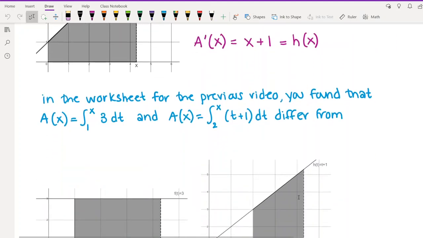And so I'll write down what you actually should have gotten in a second. But they differ from the above area functions by a constant.